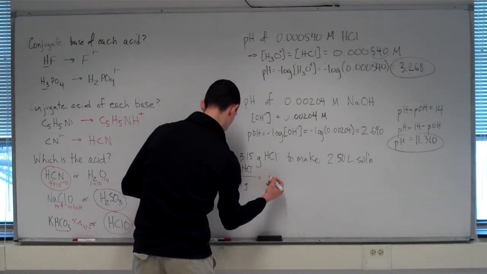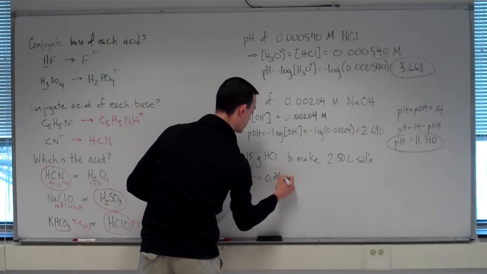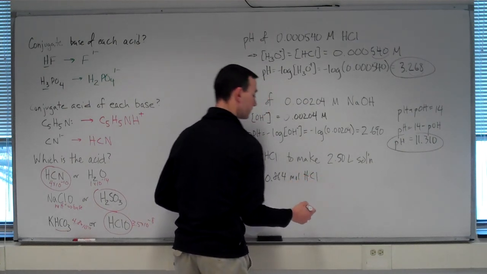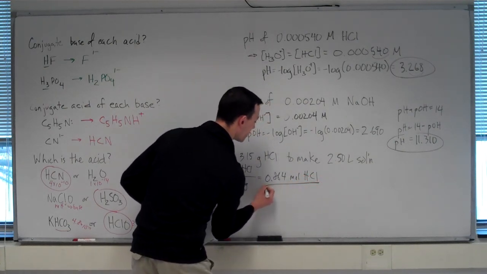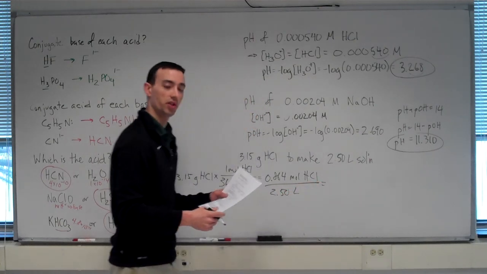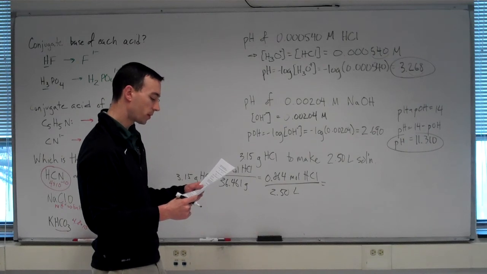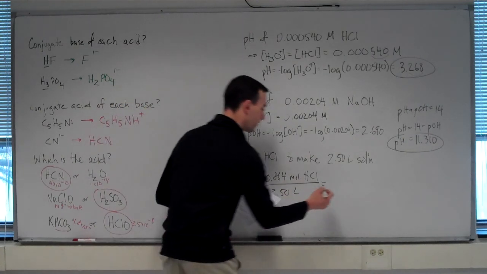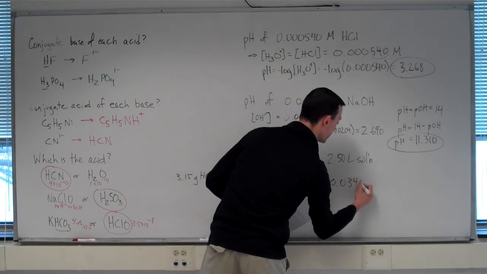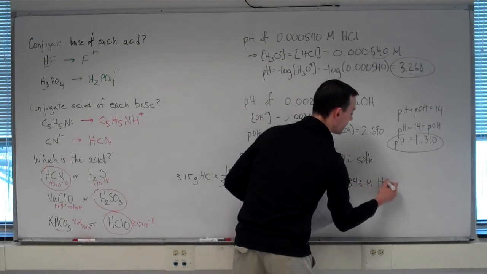This means we have 0.864 moles of HCl. If we divide that by the 2.50 liters of solution that we're making, we come up with a concentration of 0.0346 molar HCl.